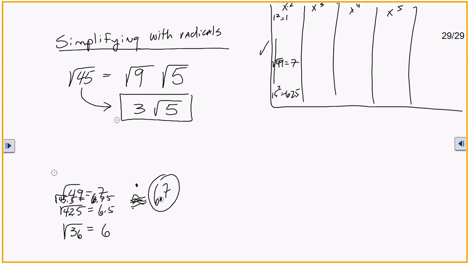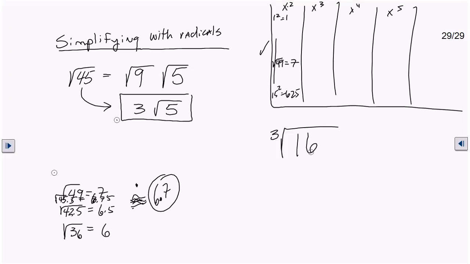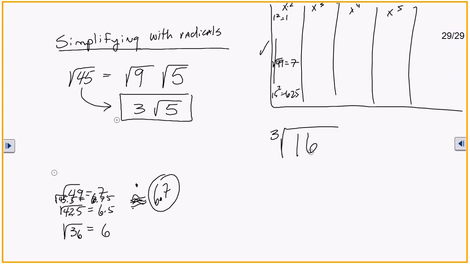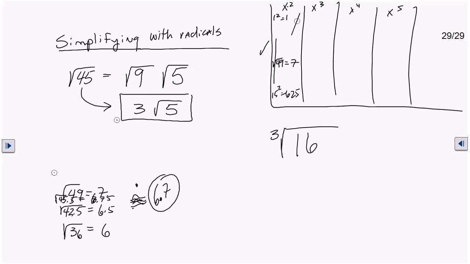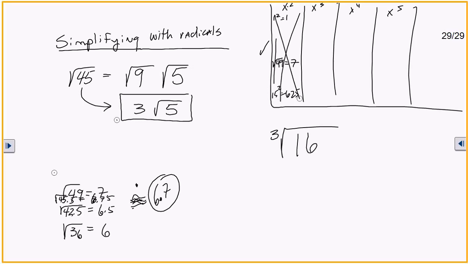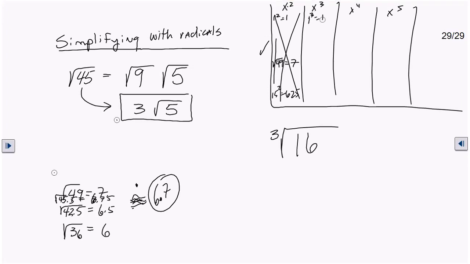But let's do the cube root of 16. Well, you're not thinking about the square root now. You're thinking about the cube root. 1 cubed is 1, 2 cubed is 8, 3 cubed is 27, and 10 cubed is 1,000.